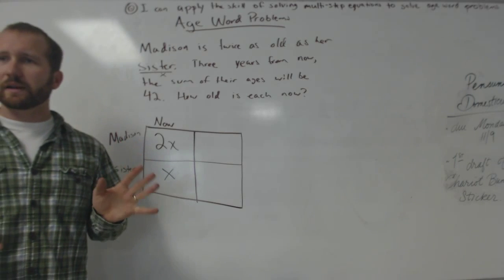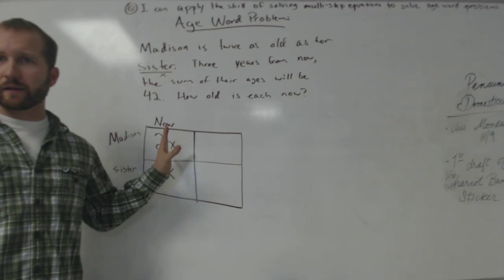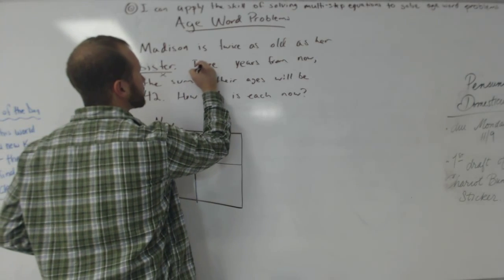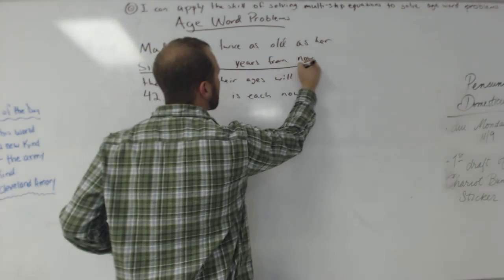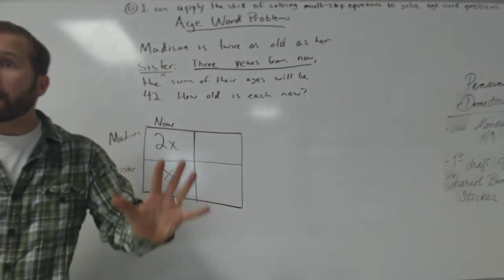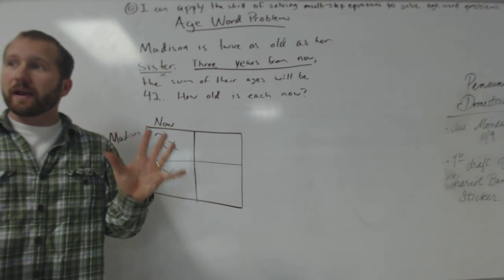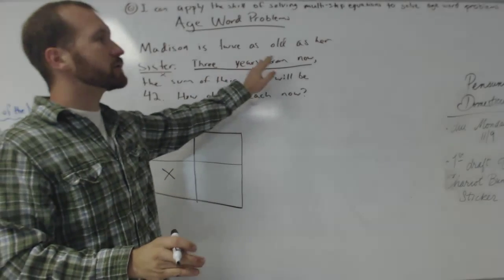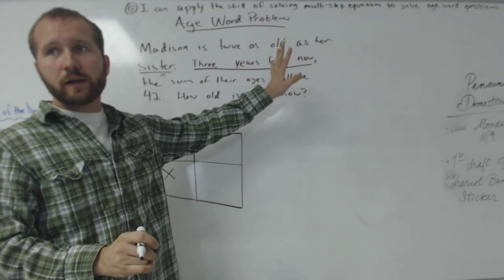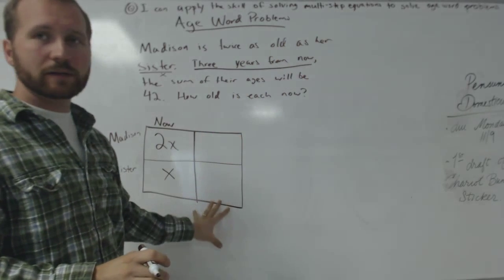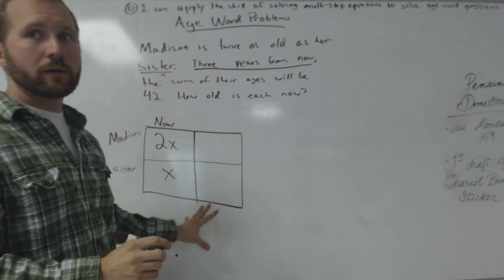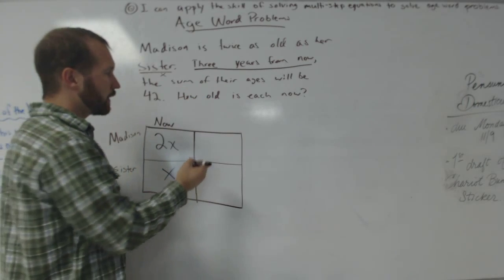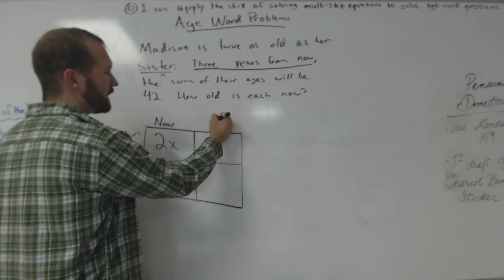Now here's the real key to solving these using this method. When you get to the next sentence, it says 3 years from now, stop! Do not go any further. 3 years from now is going to make our next column. Remember we said 3 years from now or 3 years after would be plus 3?